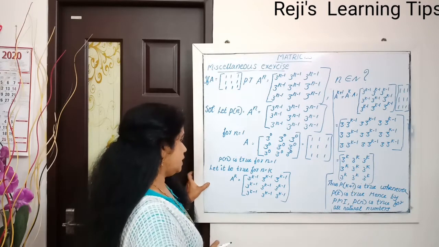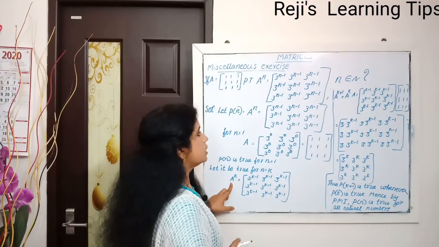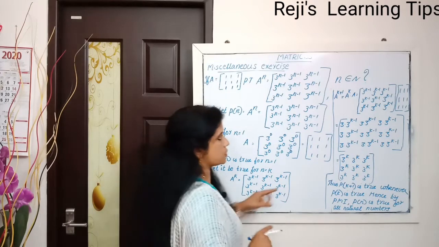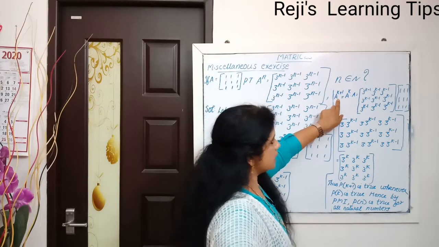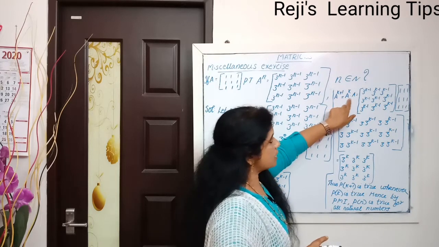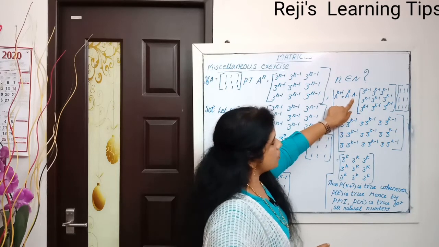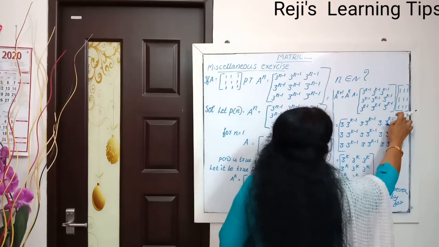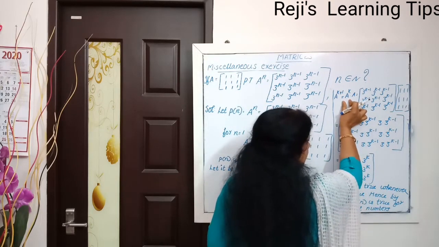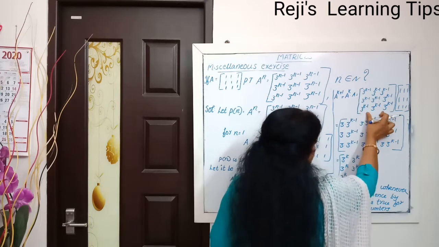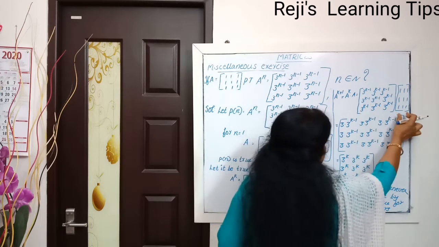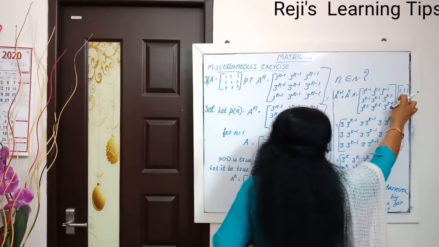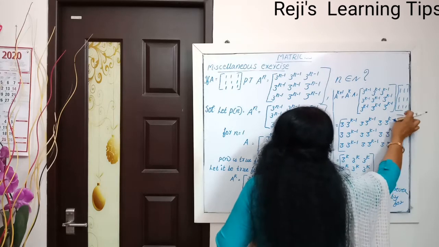Okay, then next step we have to find the value of A raised to k plus 1. A raised to k plus 1 is equal to A raised to k into A. So you should multiply both sides, LHS and RHS, with A. So A raised to k into A is equal to RHS into A. A means the given matrix, that is 1 1 1, 1 1 1, 1 1 1.